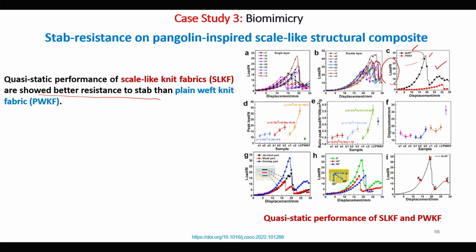So, we can see the penetration load carried by the scale like knit fabric is much higher than the normal plain weft knitted fabric, and the peak load everything we can see, because these are basically quasi static performance. Peak load was higher in scale like structure than plain weft knitted structure.